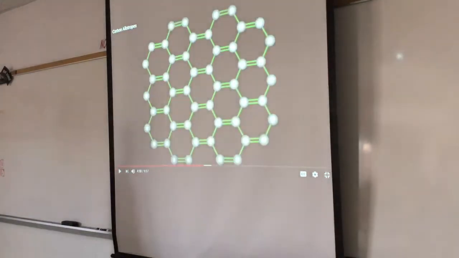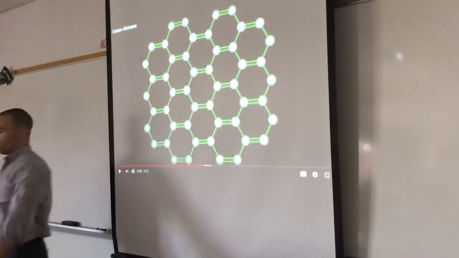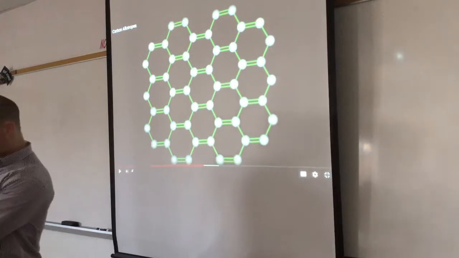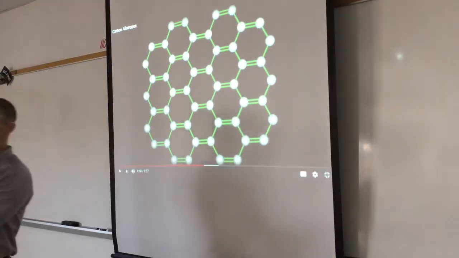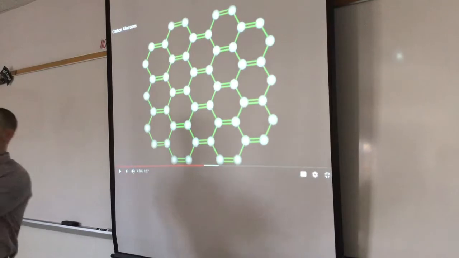It exists in sheets. So like this could be a thin sheet of graphite. If you were to take a piece of paper, shade a little spot with pencil, and take some tape, put it on top of that shaded area, peel the tape off, then fold the tape in half, and then peel the tape apart.